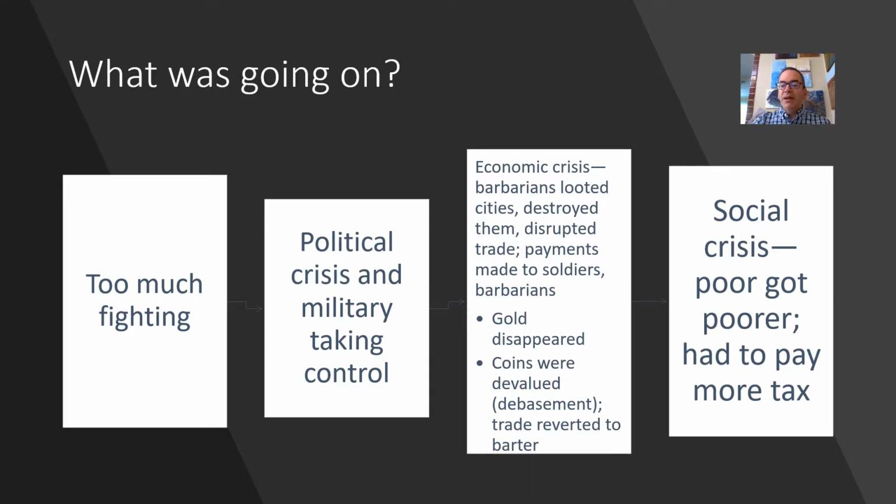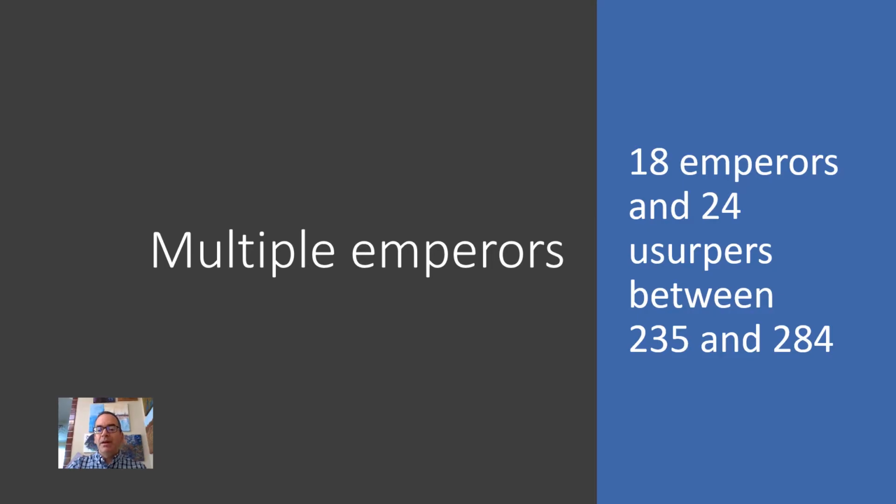And of course, you've got a social crisis because as you have too much fighting, you have the taxes being raised. And I think I have a slide on this next. So poor people had to pay more taxes, which dragged them down even further, and people started to rebel more and more. I mentioned this too, you've got multiple emperors during this period. You've got 18 emperors between 235 and 284, and 24 usurpers.